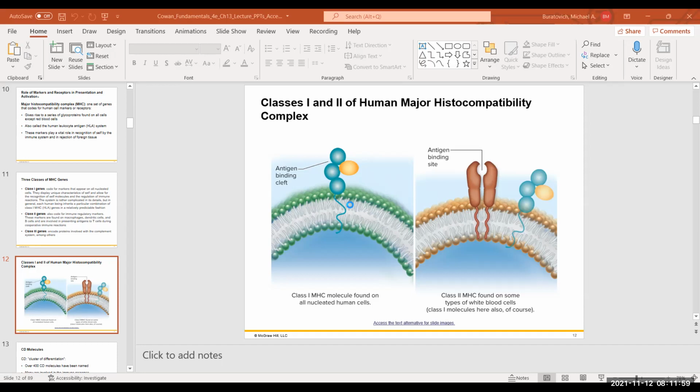Two, they opsonize it. What's opsonization mean?